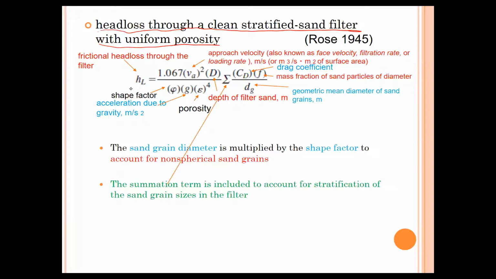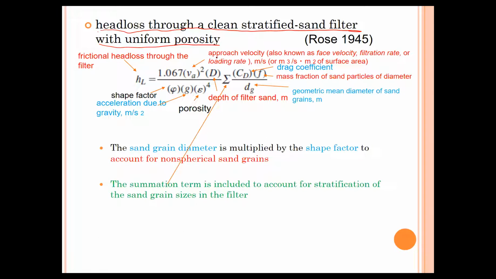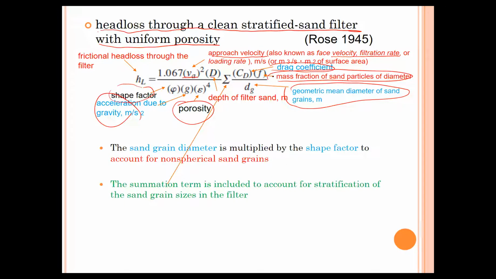So if you can see here, the head loss is related to approach velocity, also known as filtration rate, this one, depth of the sand filter, shape factor, acceleration due to gravity, which is a constant, porosity, geometric mean diameter of sand, drag coefficient, and the friction, mass fraction of sand.